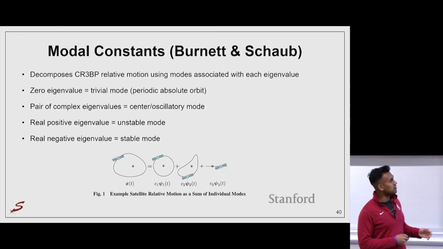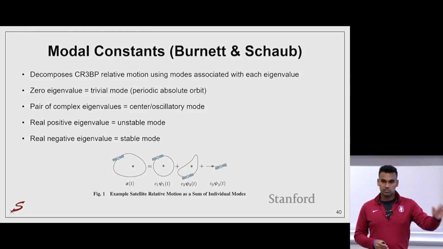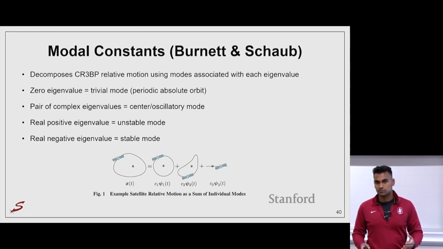Sometimes you could have two pairs of complex eigenvalues, sometimes one pair of complex eigenvalues, a real positive, a real negative, and a pair of zero eigenvalues. But the point is that through this approach, they were able to decompose the satellite motion into each mode and then control those modes individually, turning them off or using them as integration constants, basically.